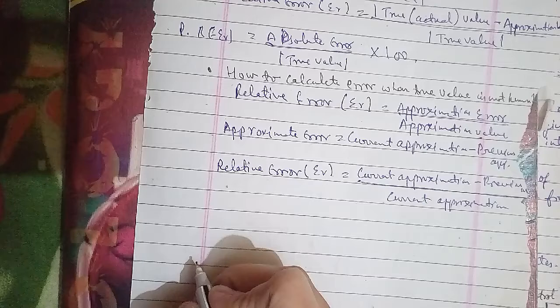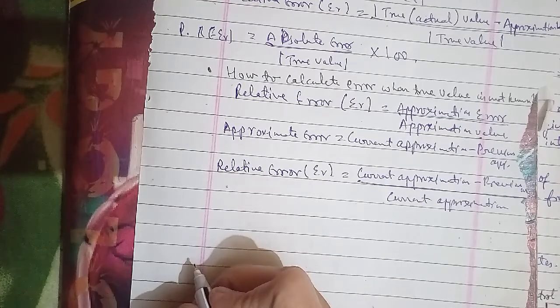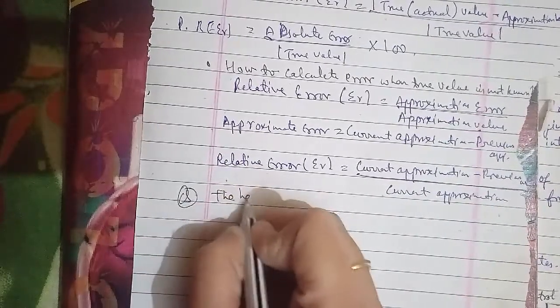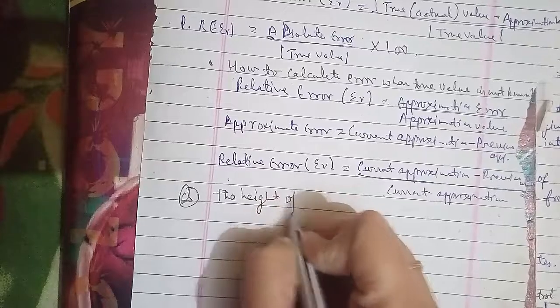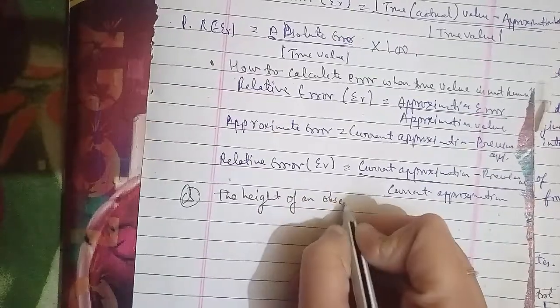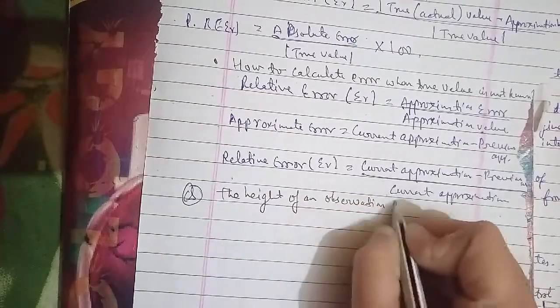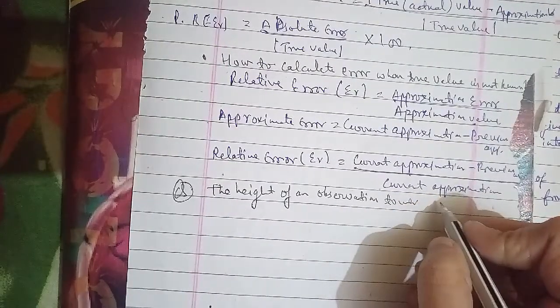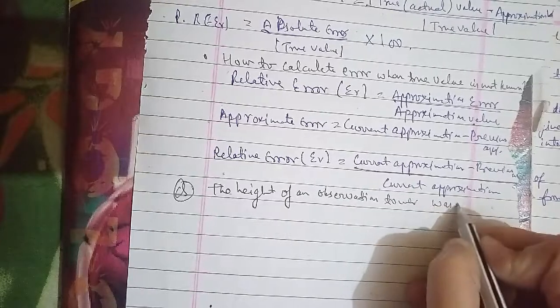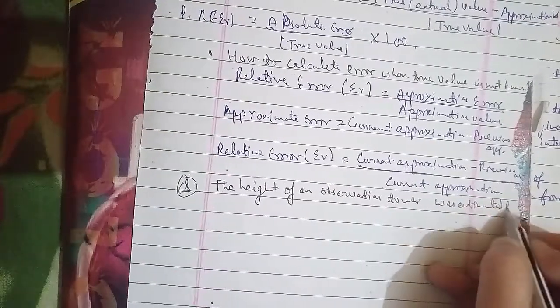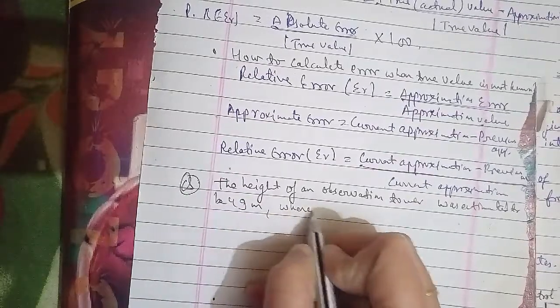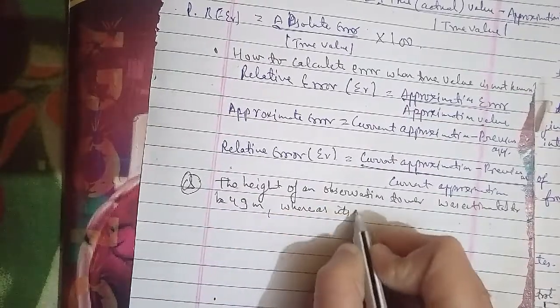So true value equals to 47 meter, approximate value equals to 49 meter. So absolute error equals to true value minus approximation value equals to 47 minus 49 equals to 2 meter.